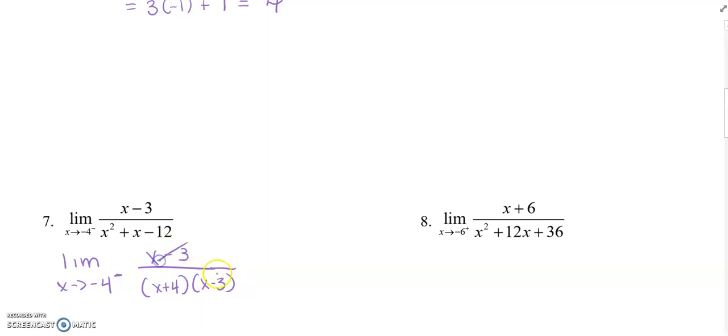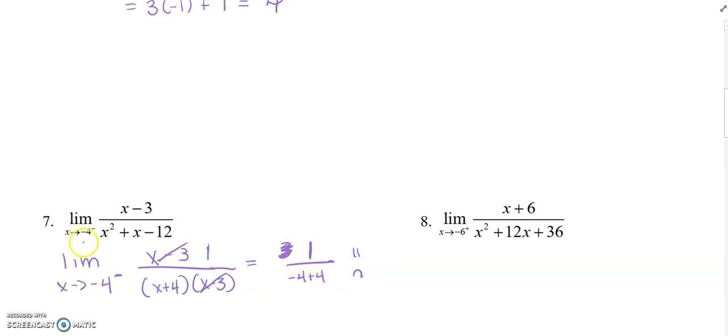I see now that these divide to 1, and I can go ahead and use the rule of substitution. But can I? I've got to think. My numerator is 1.